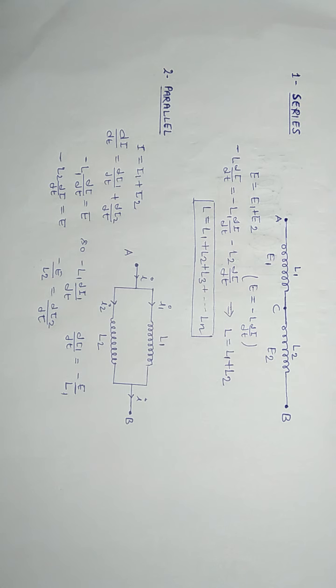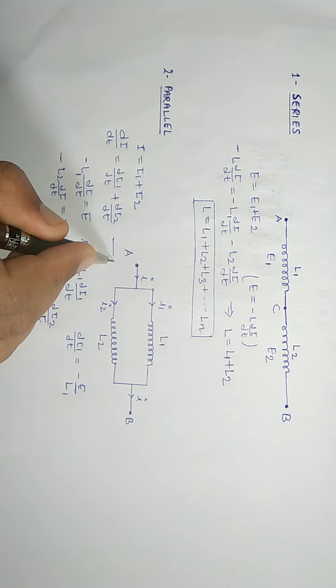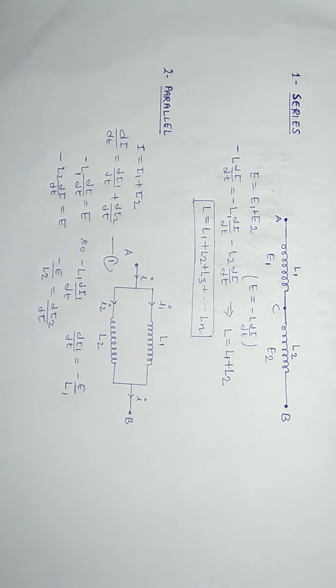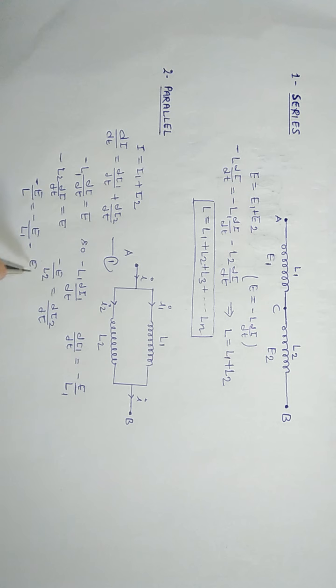Because the EMF in both the coils will be same, so from equation number 1 we get minus E upon L is equal to minus E upon L1 minus E upon L2.